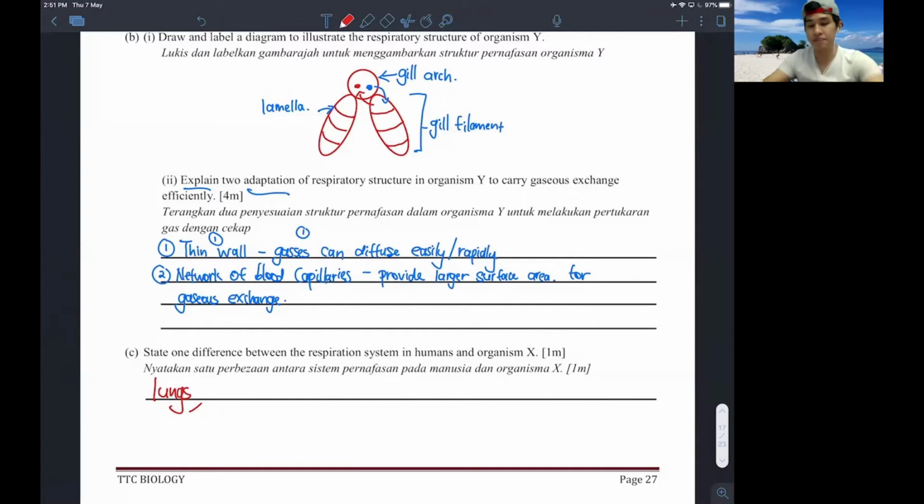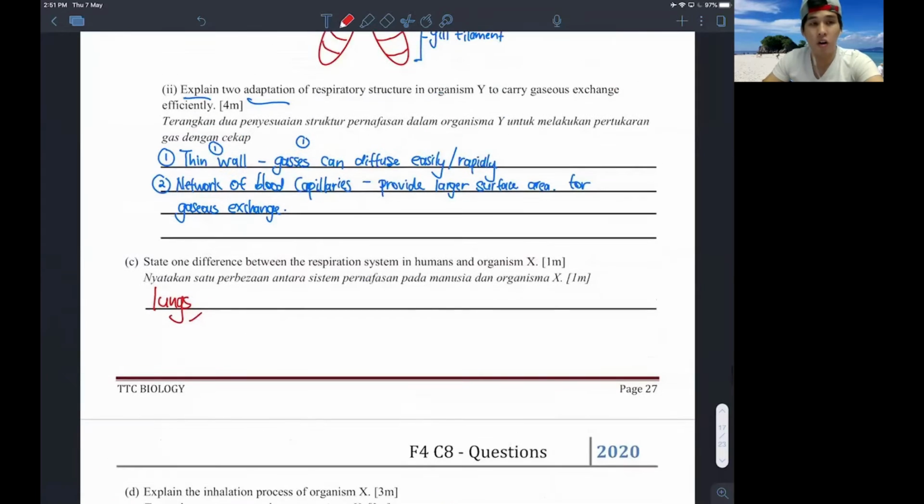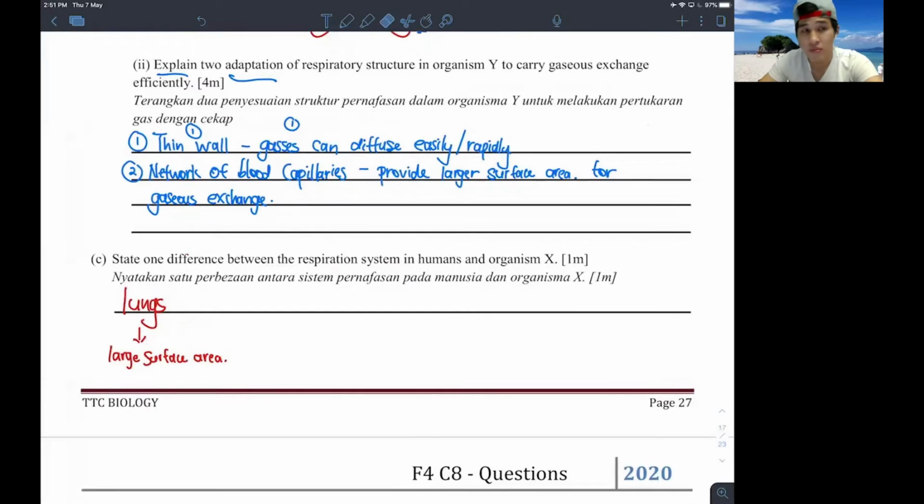So I give you a hint. Both human and frog lungs, as I mentioned last week, are adapted to provide large surface area. But the method of human lungs and frog lungs to achieve large surface area for gases exchange is different. So think about it. How are they different?